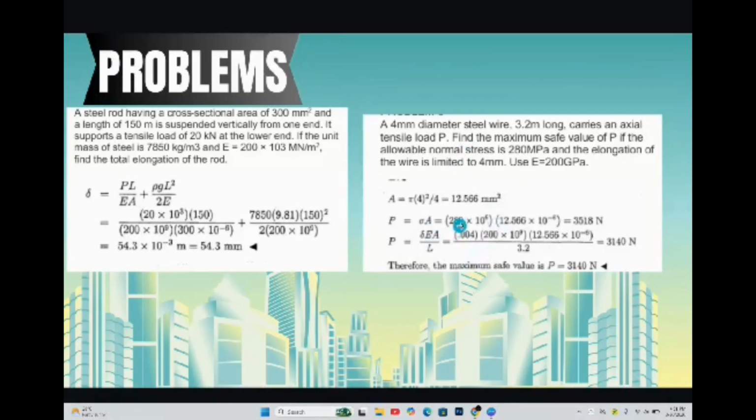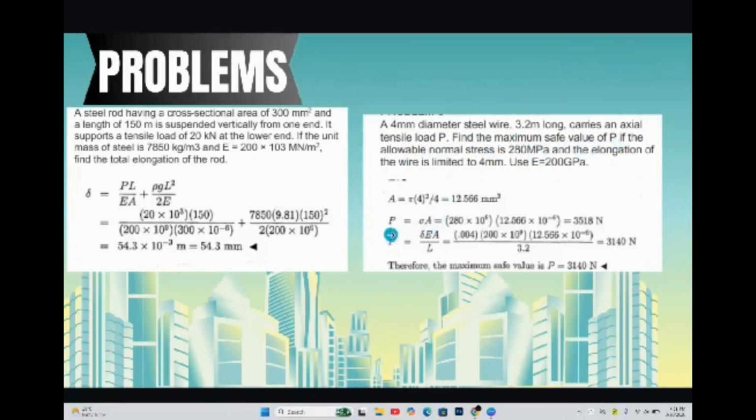Since we have stress 280 megapascal, and the area we got earlier is 12.566, we get 3,518 newton. And the unknown value is the maximum safe load.